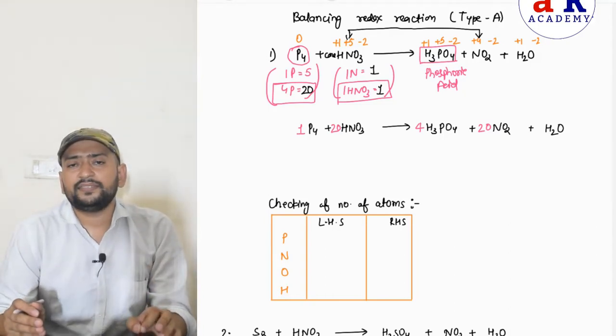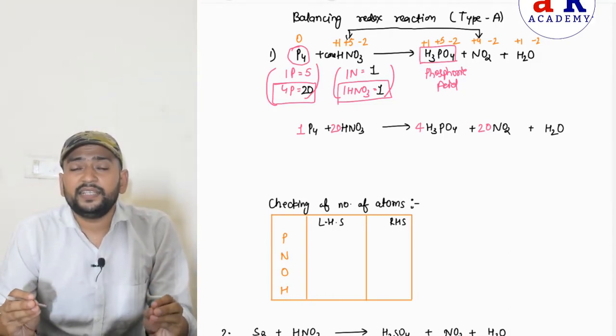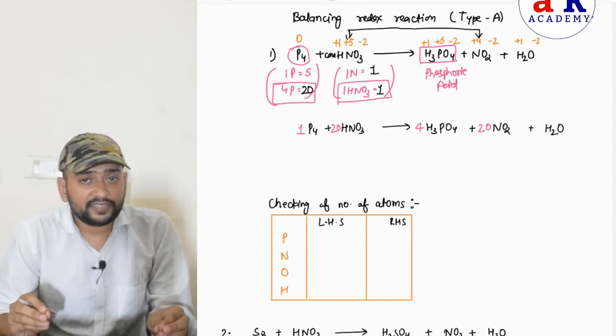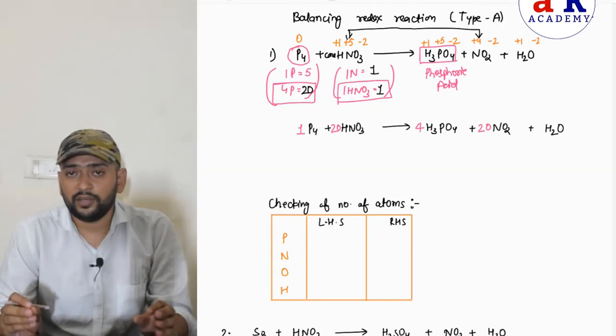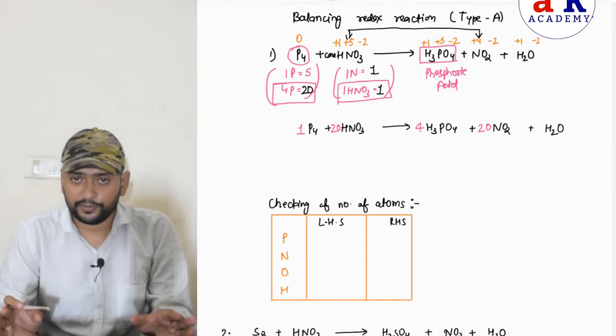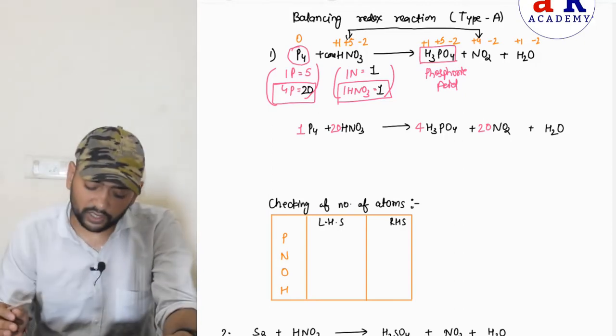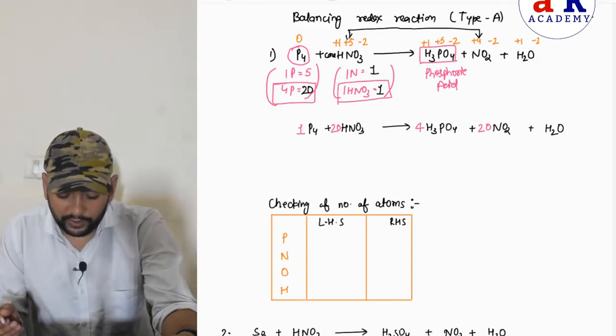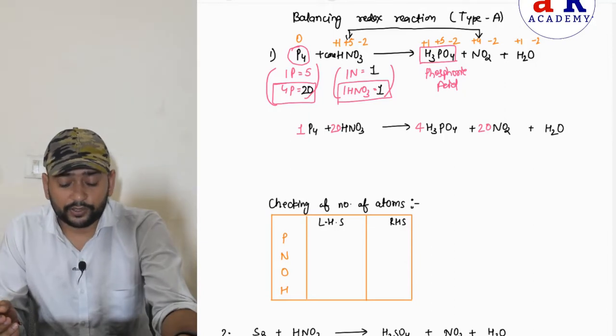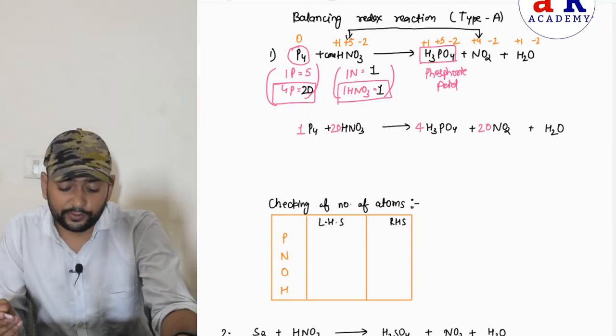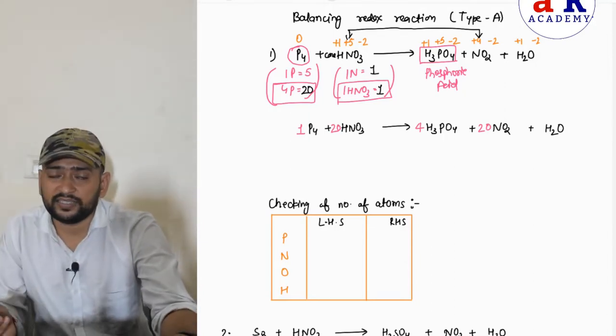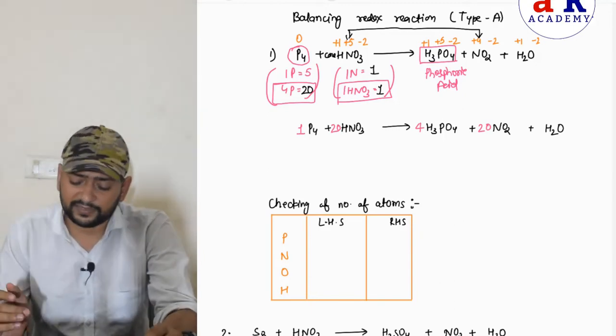The next step is we need to balance the remaining atoms like oxygen and hydrogen. First of all, we are going to balance the hydrogen, right? Let's count the total number of nitrogen, phosphorus, oxygen and hydrogen, and accordingly we will balance it.